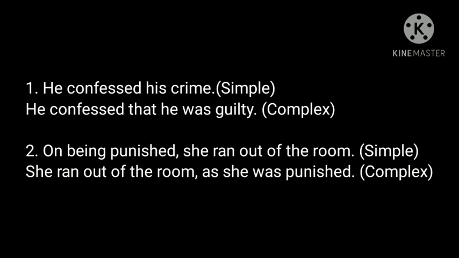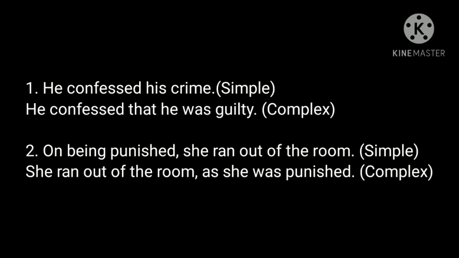You can see "he confessed" is already an independent clause, and the phrase "his crime" is expanded into a subordinate clause, "that he was guilty." And in this sentence, the dependent clause and independent clause are joined with the subordinating conjunction "that."